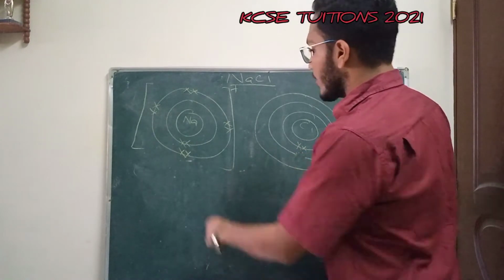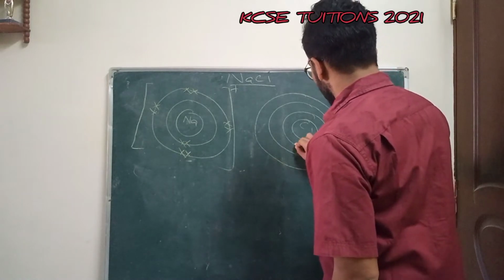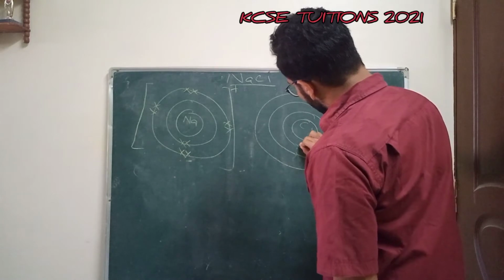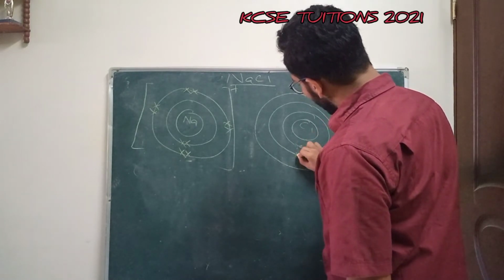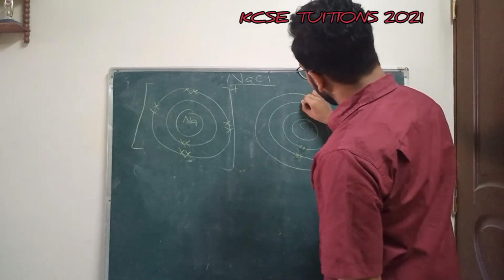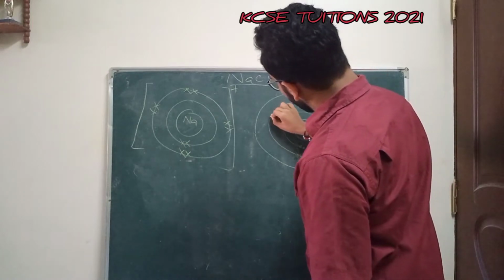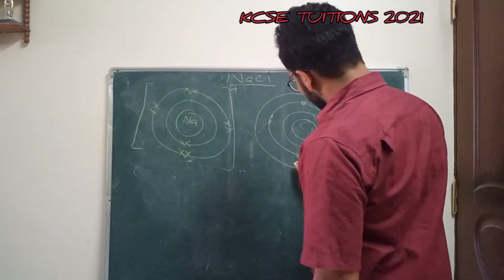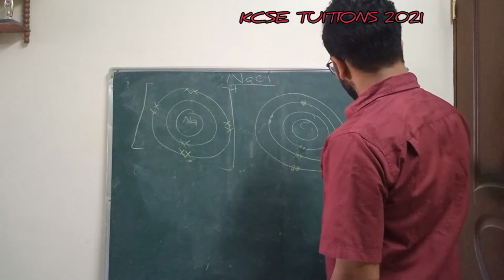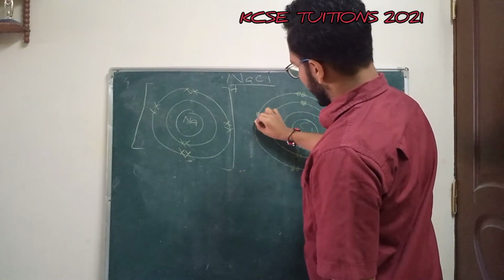If here you use crosses, then in the other ion you use dots to represent electrons. 1, 2, 1, 2, 3, 4, 5, 6, 7, 8. 1, 2, 3, 4, 5, 6, 7.